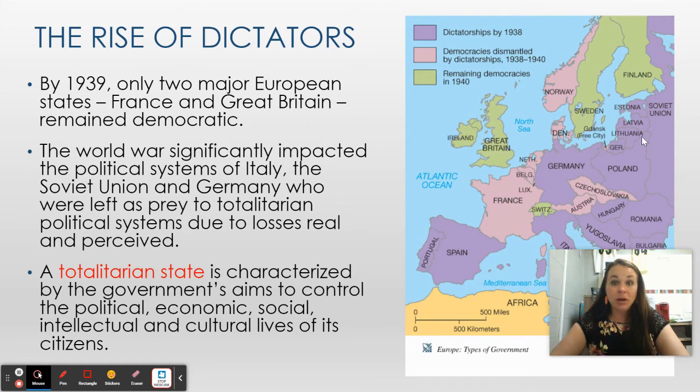The pink is democracies dismantled by dictatorships, aka Hitler, between 1938 and 1940. So the majority of Europe by 1940 is being run by a dictator and is under a totalitarian state, which means that the political, economic, social, intellectual, and cultural lives of the people are all being determined by the person in charge.